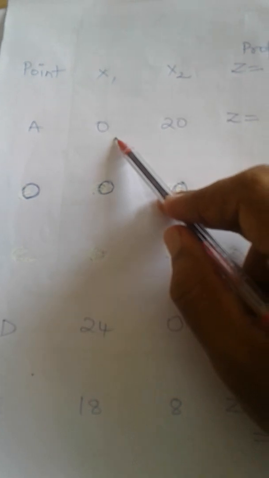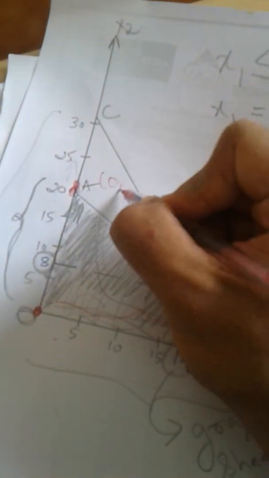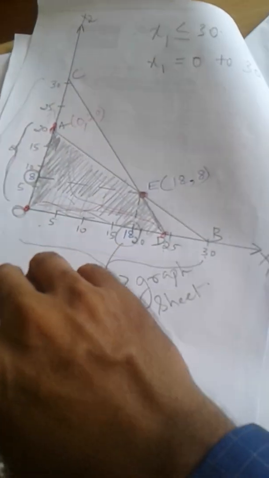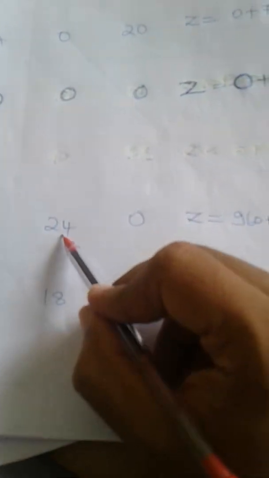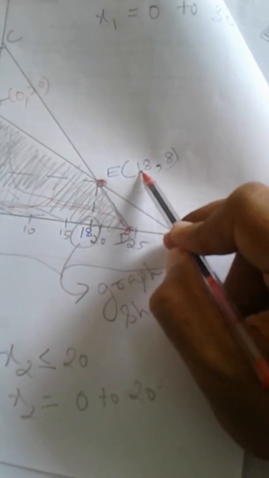A is nothing but 0, 20. So I'm just going to the previous page. A is 0, 20, correct? A was nothing but 0, 20, and D is nothing but 24, 0. D is 24, 0, and E is 18, 8. So E is 18 and 8.